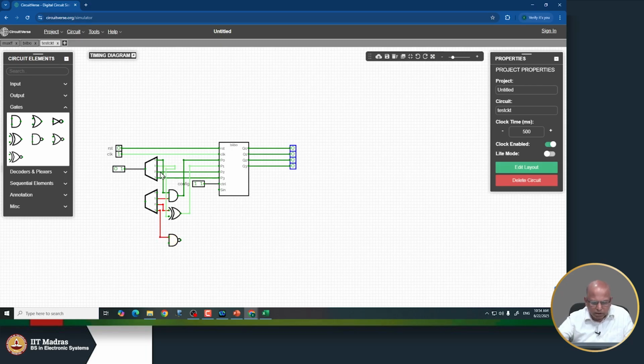And maybe we can connect this second input here. And this NAND gate goes here.